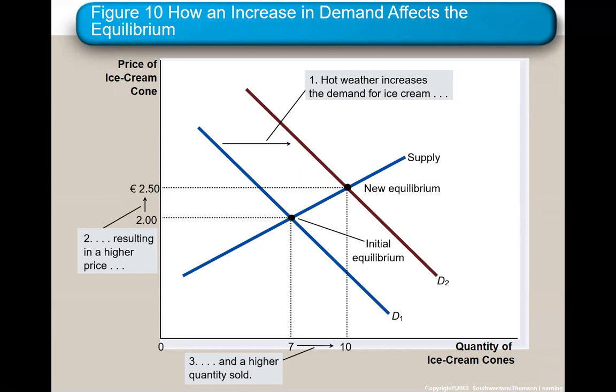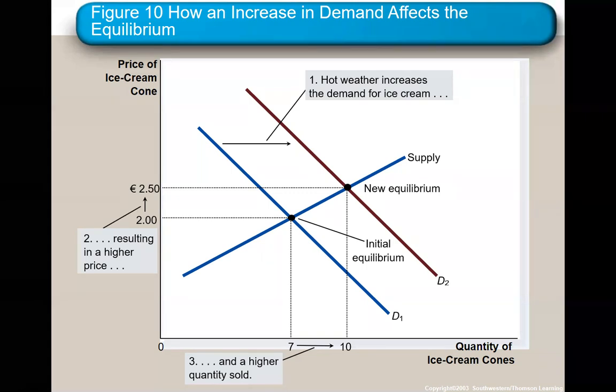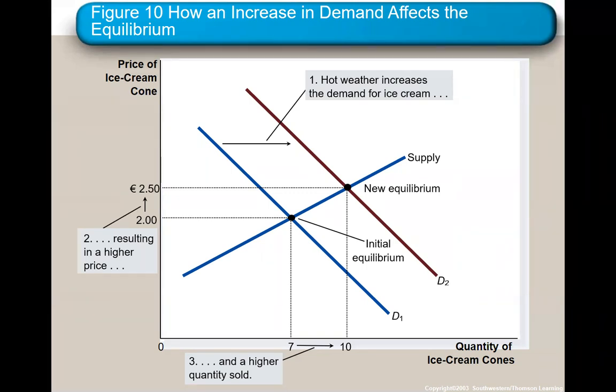What happens? People are demanding more, but you have a temporary shortage because you're still at 1. So what happens? Prices increase, and then quantity supplied increases, and you get to the equilibrium. So you have this temporary shortage on a demand shift, and then prices increase and the shortage ends.